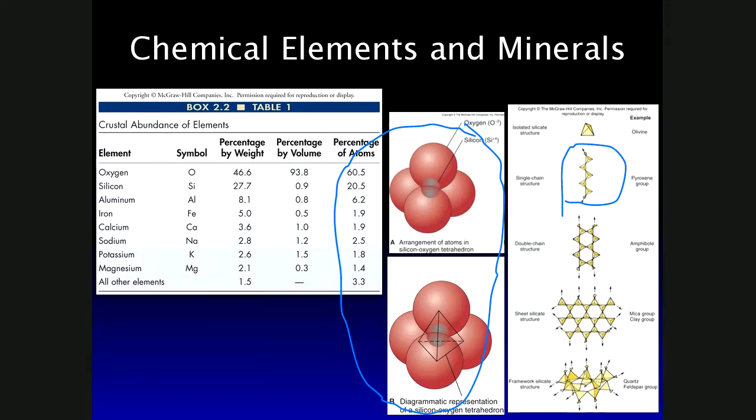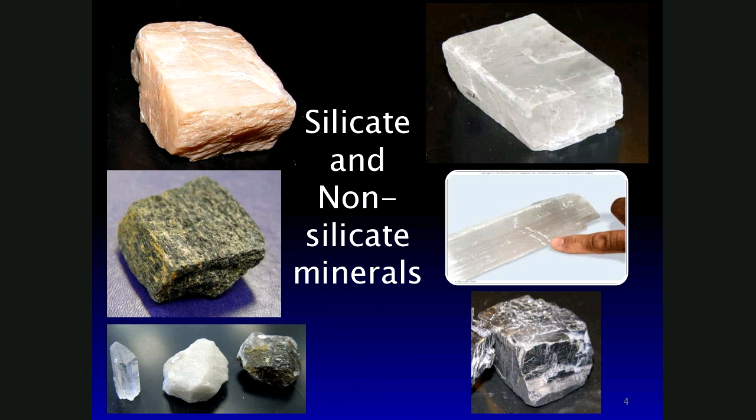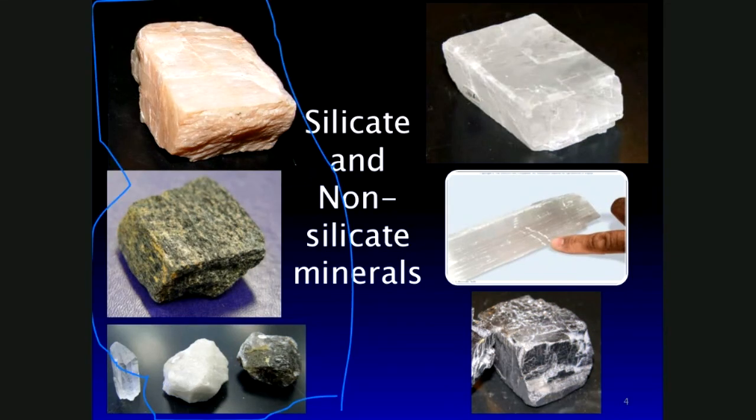The result is silicate minerals. If these structures make minerals, we call them silicate minerals. We see some examples of silicate minerals right here. These are all silicate minerals. What does it mean? It means they have those chained up structures inside them. These here are non-silicate minerals.